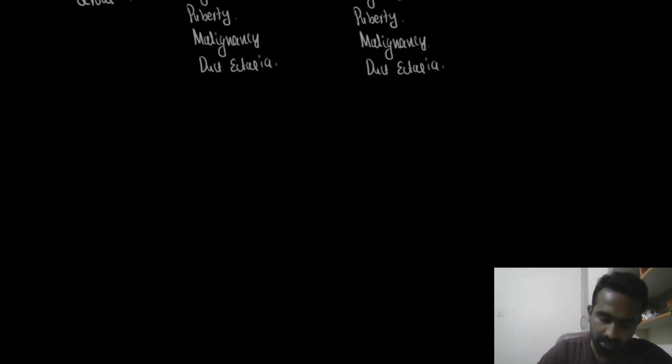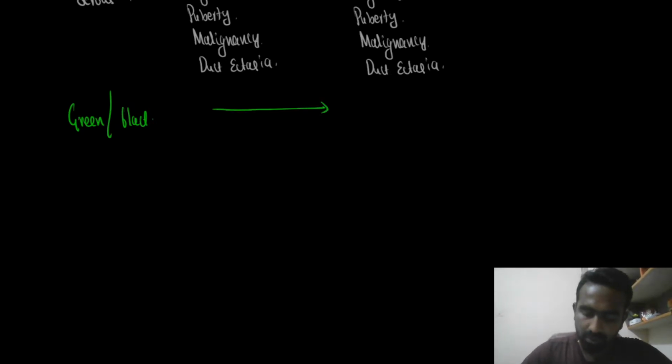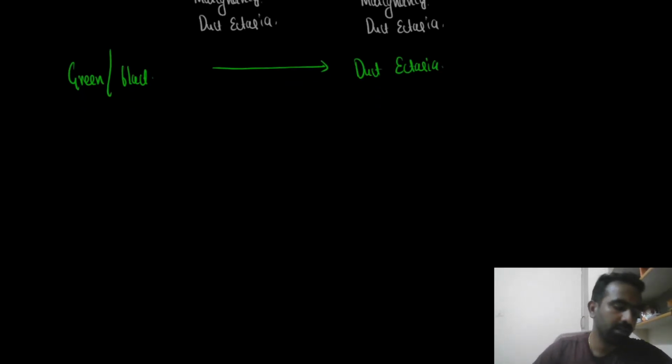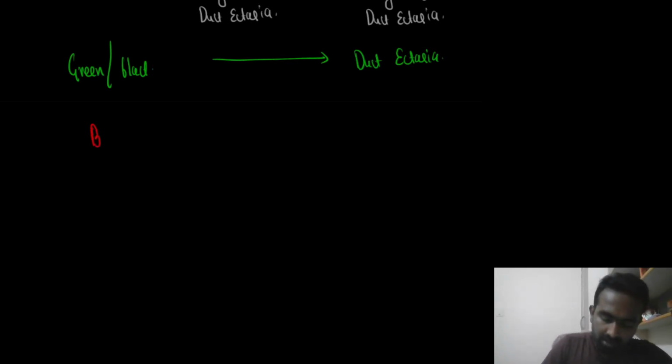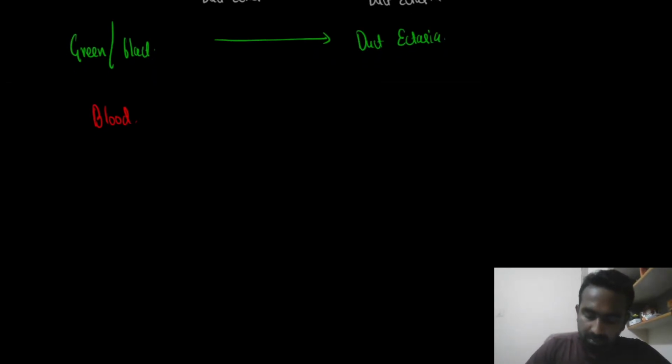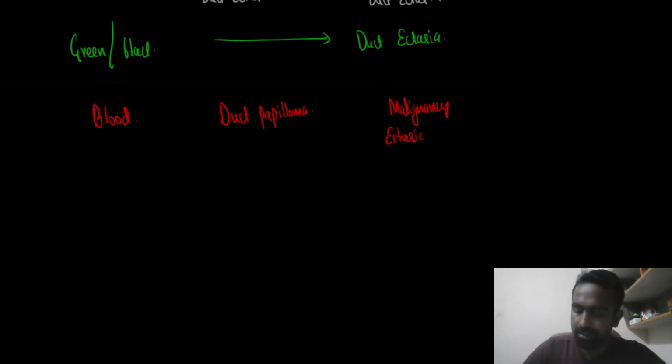If there is a green or black discharge, it is most probably due to duct ectasia. If it is bloody discharge from a single duct, it can be a single duct papilloma. If it is from multiple ducts, it can be malignancy or also duct ectasia.